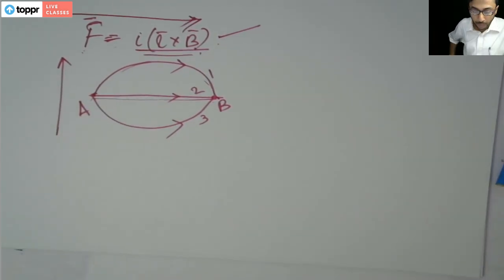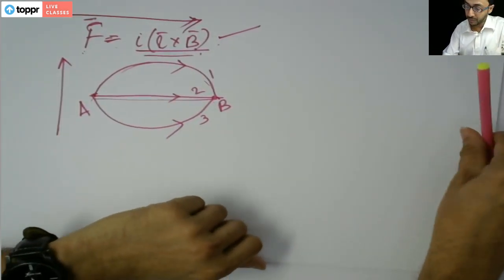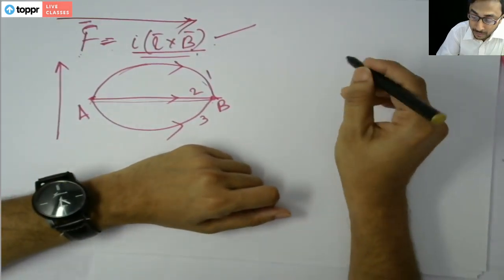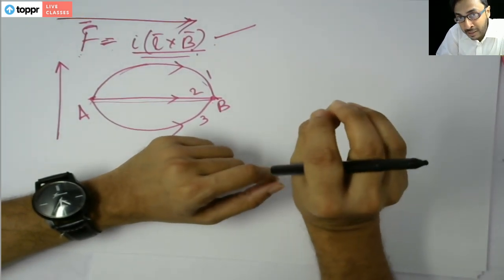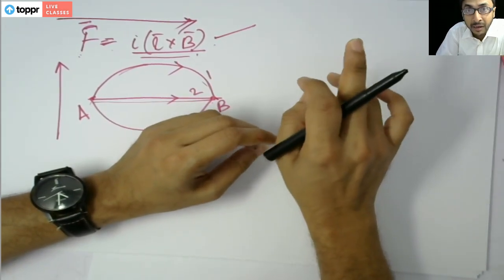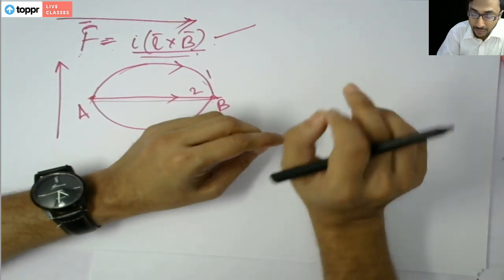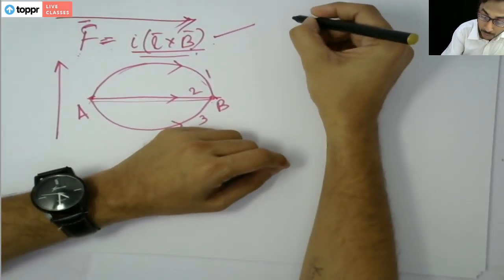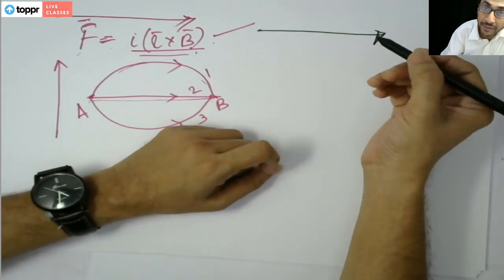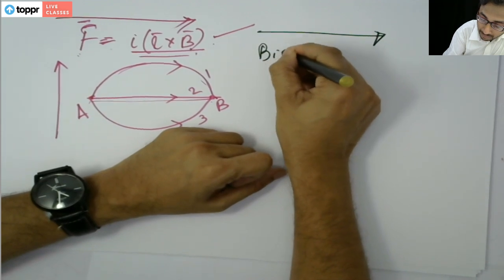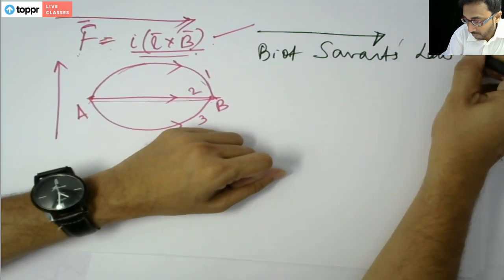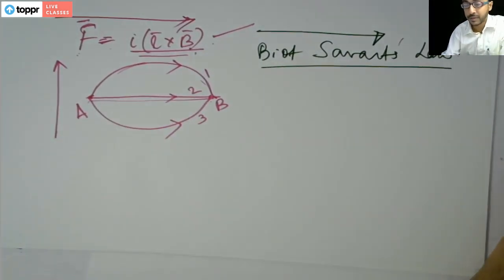Okay, now I'm coming to another important topic. We have done the force generated or experienced by a charge carrying conductor and a conductor carrying current, right? Now when a current is producing a magnetic field, that we get by Biot-Savart's law.